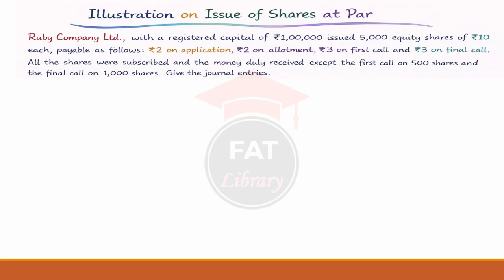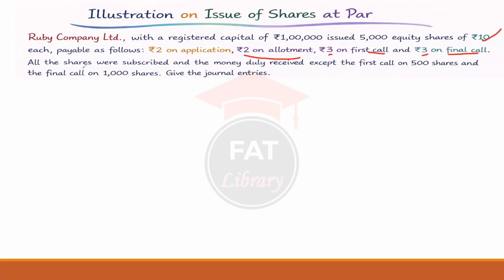Here the 10 rupees is divided into different stages. They receive 2 rupees on application and 2 rupees on allotment, and they make two calls: first call and final call. They receive 3 rupees on first call and the remaining 3 rupees on final call. Together they receive 10 rupees.